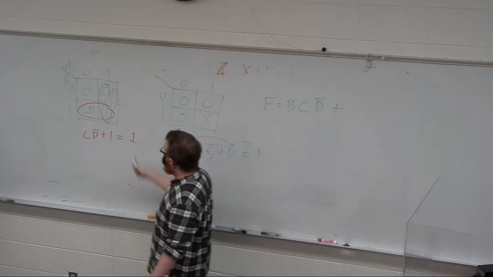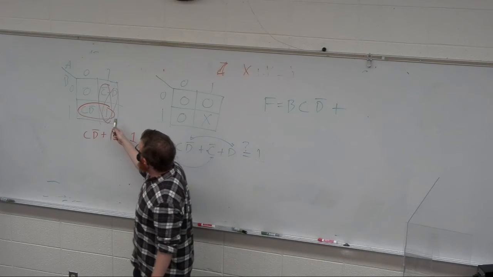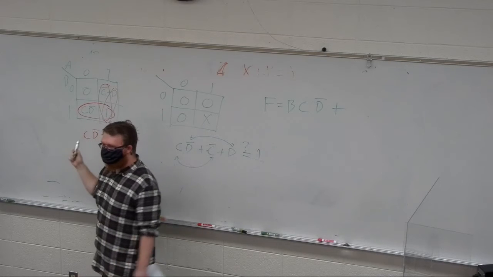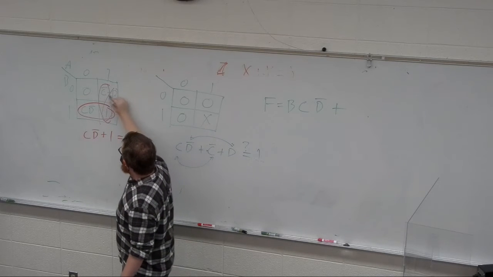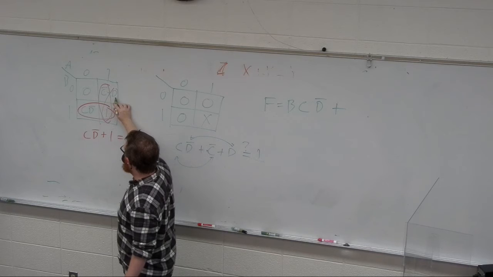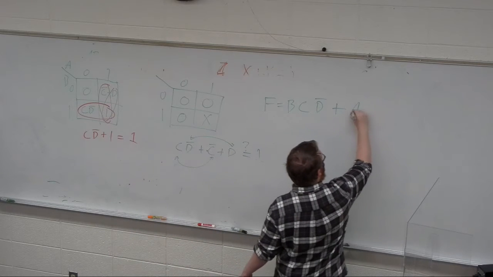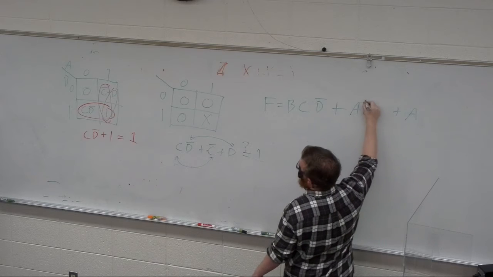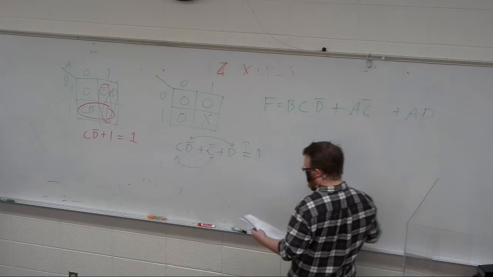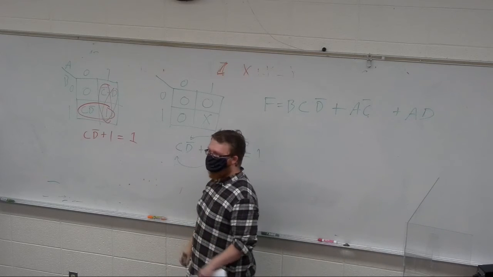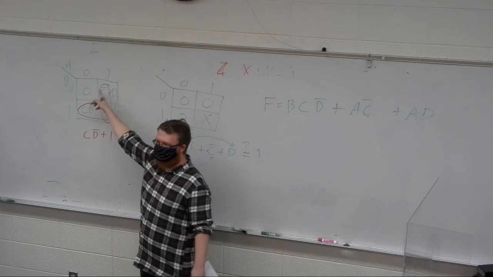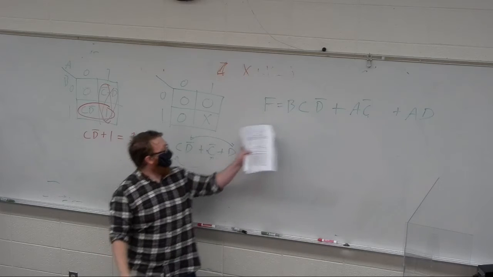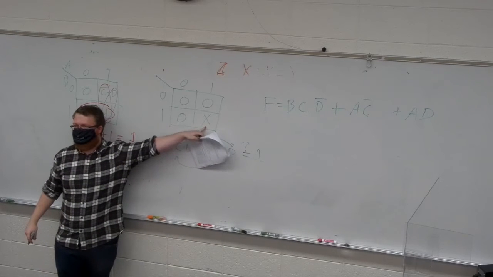Or, well, now I've got 2 ones where in both cases it's the A that's not changing, right? And I need to AND them with C bar and then AND it with D. So I have A ANDed with something or A ANDed with something, and it's C bar D. Right, so I do those two ORs separately. And then because I don't need to circle the X, I don't need to add any terms from here.